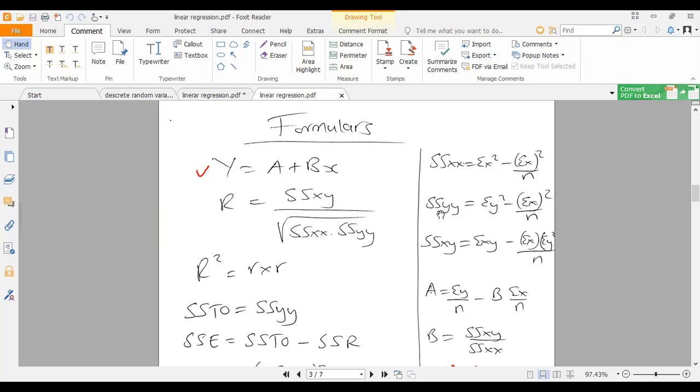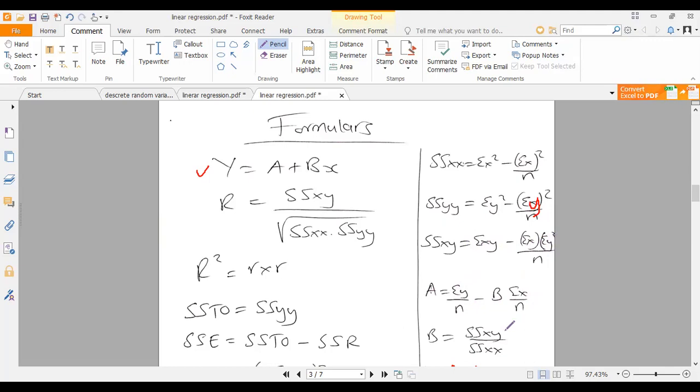Sum of square yy, we have y's everywhere: summation of y to the power 2 minus summation of y to the power 2 over n. Then xy: summation of xy minus summation of x times summation of y over n. A is the y-intercept, so the mean of y, which is summation of y over n minus the slope times the summation of x over n.